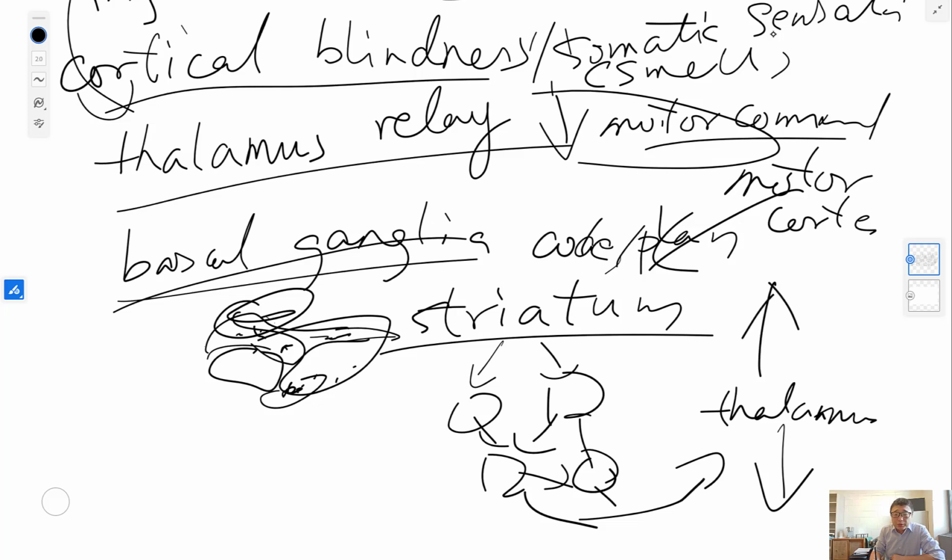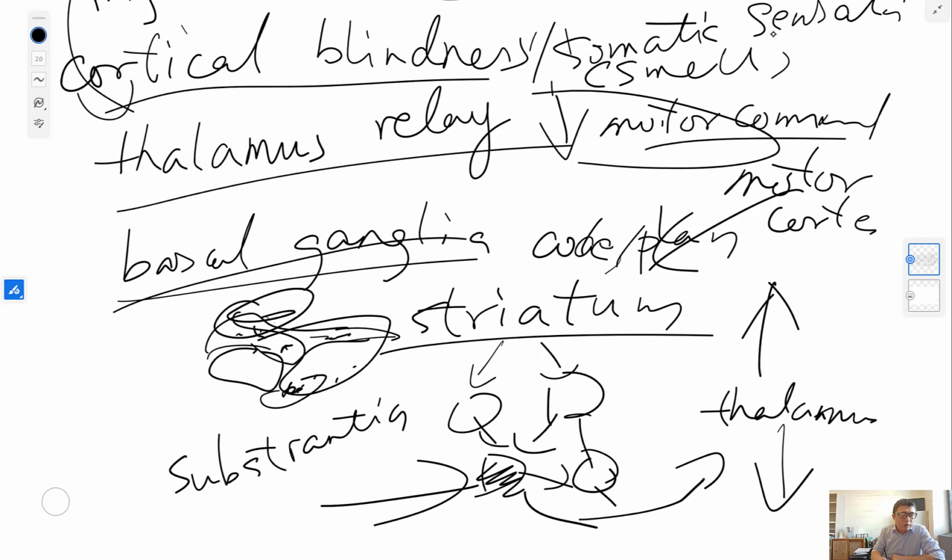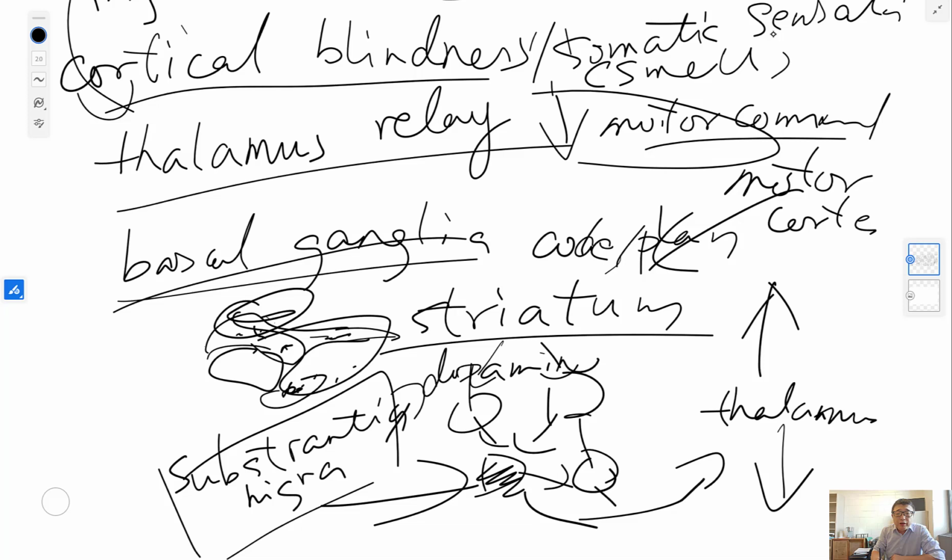The one thing I want to talk about in particular is the substantia nigra. It means black matter, and this provides dopamine. Dopamine is very important in all of those action coding or action planning systems in the basal ganglia.